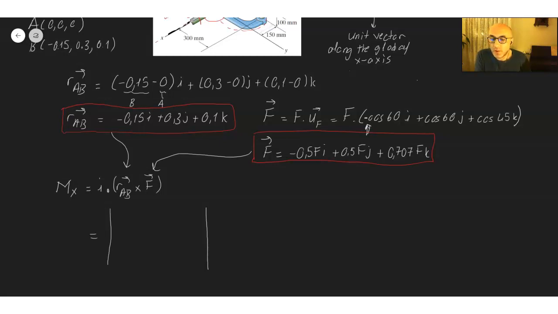The first row will include my unit vector components, so for x it's 1, for y it's 0, and for z it's 0. And then the components of R_AB is the second row, so that's minus 0.15, 0.3, and 0.1. And for the F, minus 0.5 F, 0.5 F and then 0.707 F.